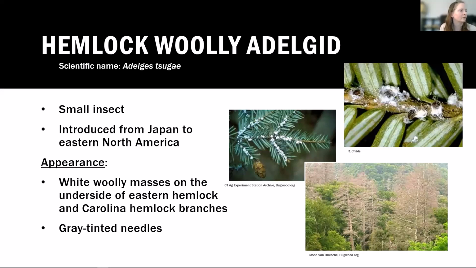So if you have a stand of hemlocks, you can keep an eye on them by checking the lower limbs and turning over the twigs on the branches to keep checking for these guys. As they infest the twigs, you'll see that they prevent the needles from receiving nutrition from the tree, and so they start to turn gray and fall off. Next slide, please.